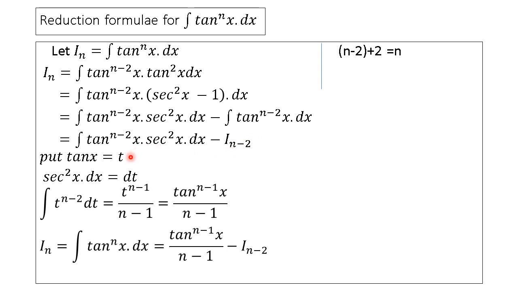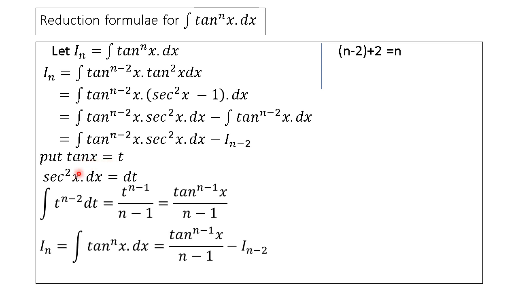In the next step, integrate the first term. The second term, I_n minus 2, is as it is. Now we have to integrate the first term using the substitution method. Put tan x equal to t.